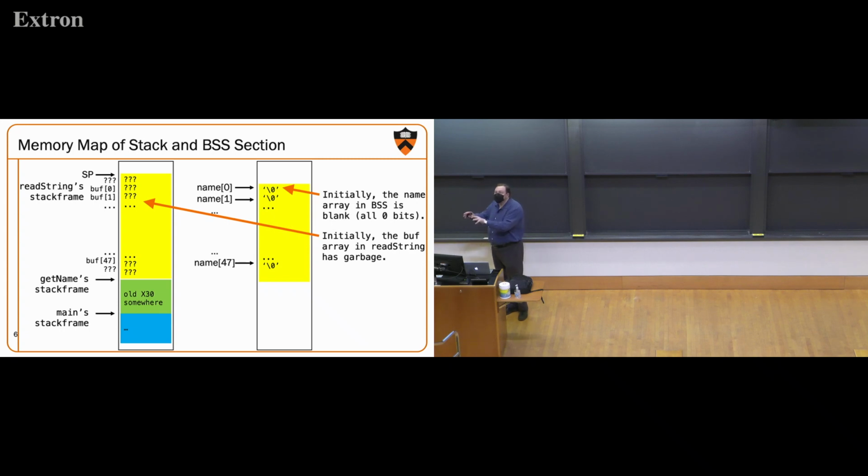So the stuff that we type in or send in on standard input into our grader program is going to wind up there. On the right is the BSS section, where, again, there's some stuff, including space for this array called name. Okay, so this is the initial state of the world when we start executing the grader program.